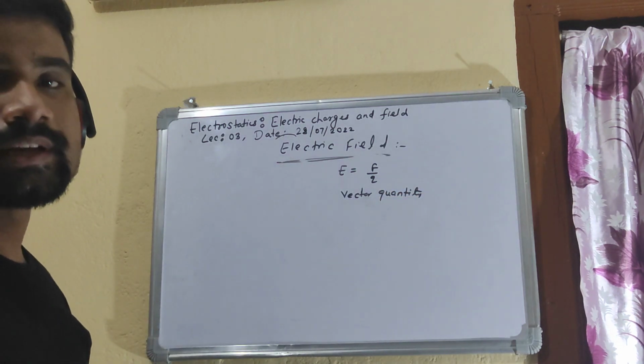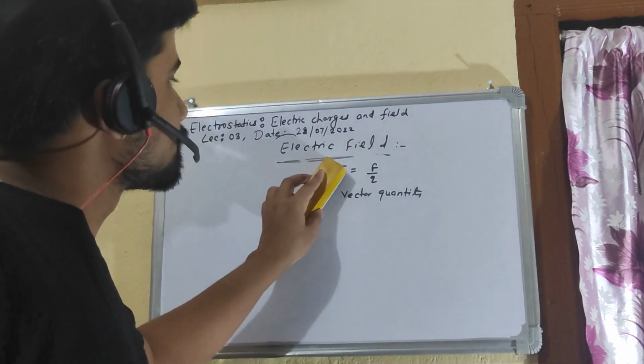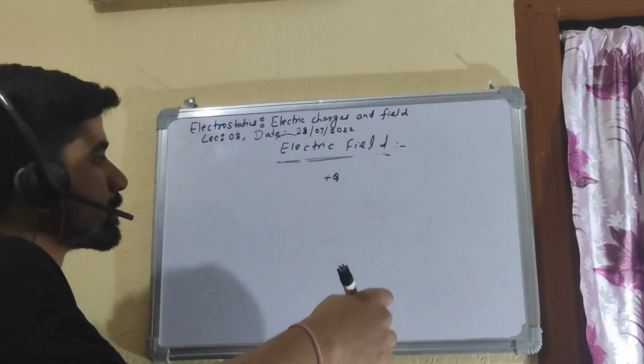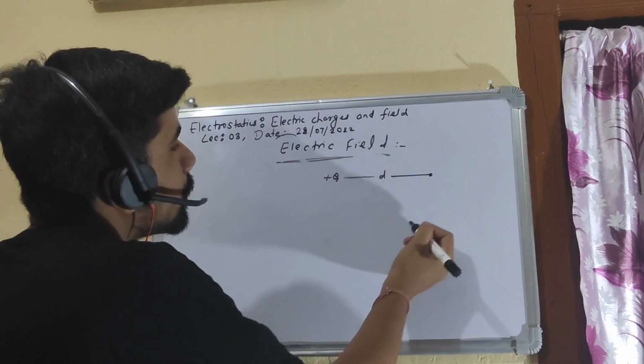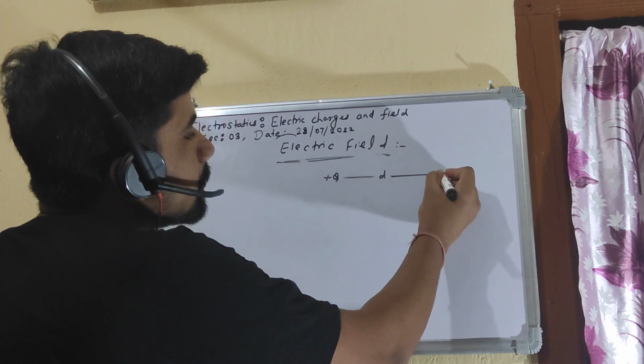Now let's talk about the direction of electric field. In which direction will the electric field act? So let's say this is plus q, and we need to find the direction of the electric field. You know that electric field is defined in terms of a test charge, so let's place a test charge.